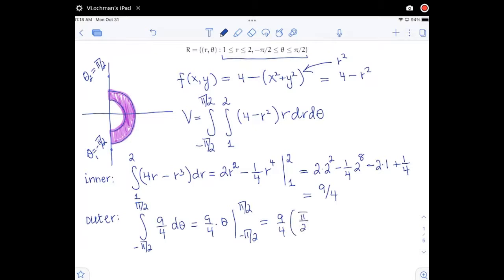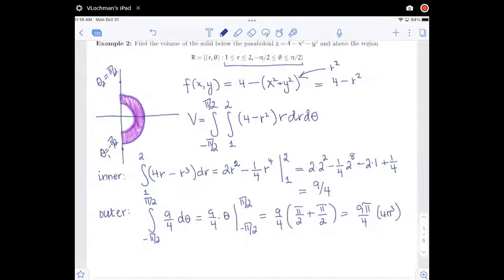So this is pi over 2 minus minus gives us a plus. So we get pi, and the final answer is 9 pi over 4. And this is volume, so this is cubic units.